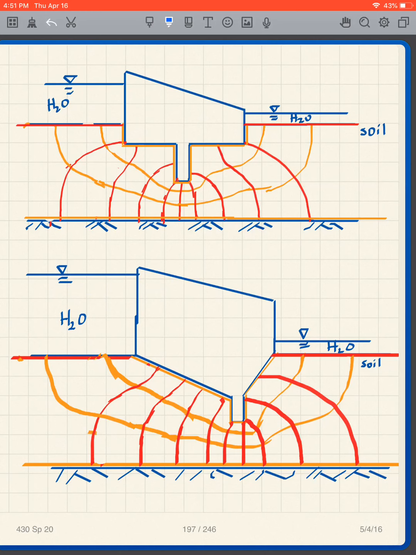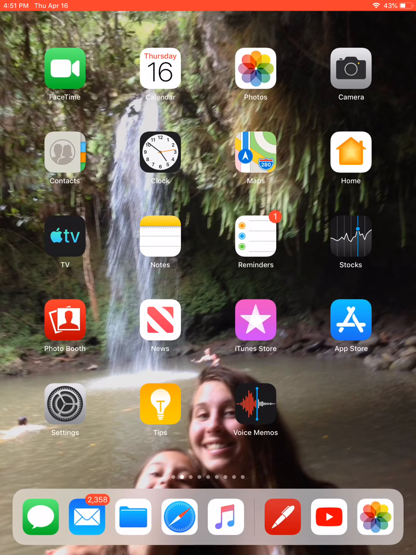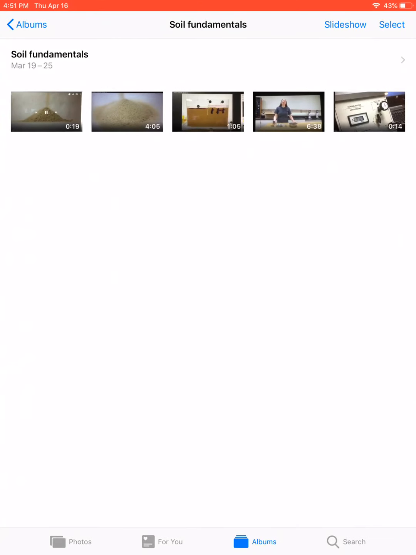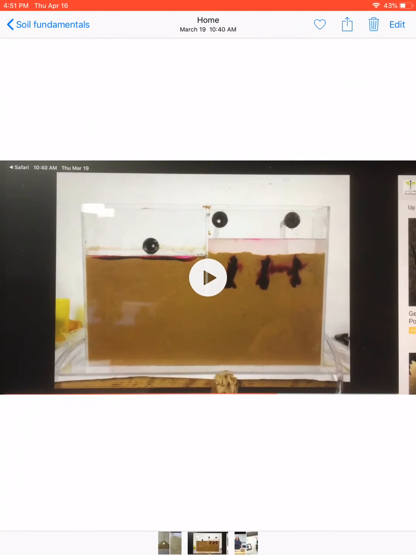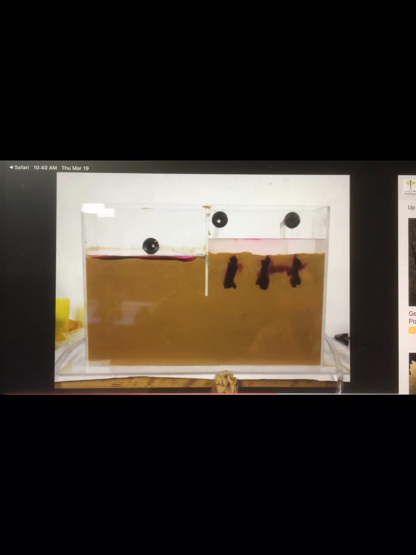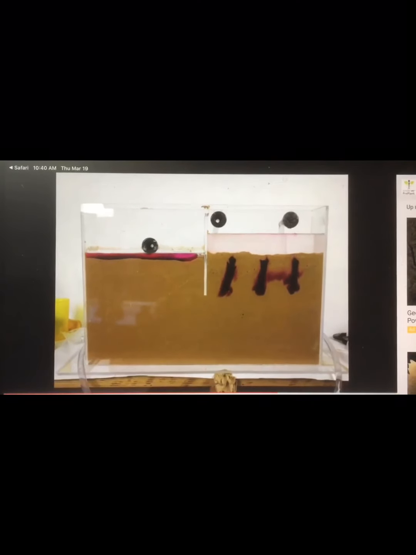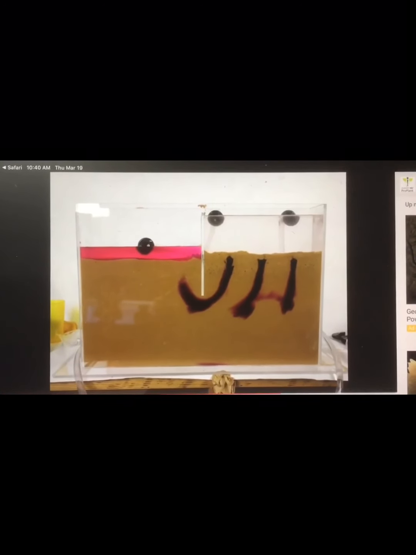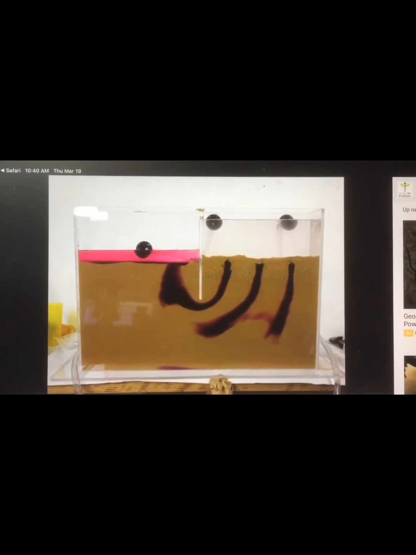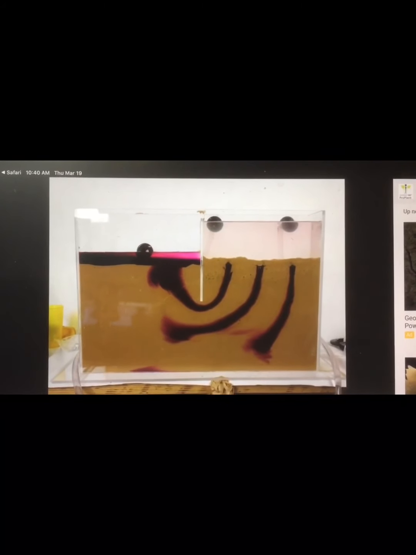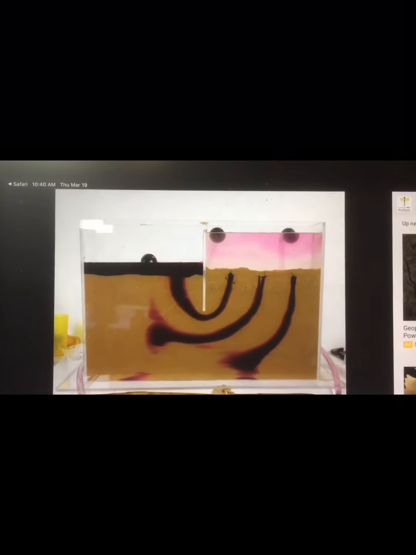All right, let's take a look at a little demonstration of this. We have one of these models in our lab, and if you notice, on the right side we have a high water level, on the left side we have a low water level, and there's a wall in between. And what they did in this experiment, and this is what we do in our lab, is that purple is food coloring, and the food coloring traces out the path of the water, and it makes the flow lines.